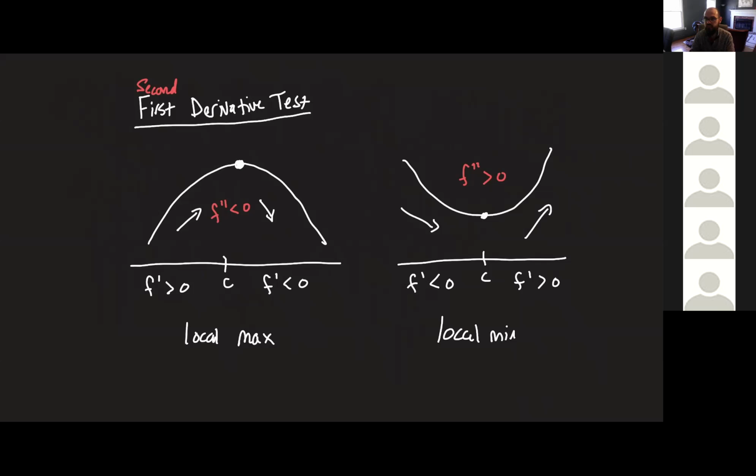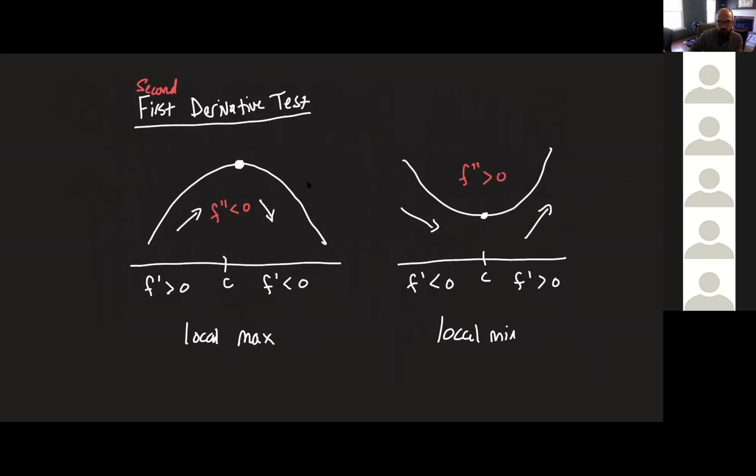So if you do have access to the second derivative, if you're able to compute it, then instead of looking at a sign chart, all the values to the left and values to the right, all we need to know is, at this particular point, if we're concave down, then that's a local max, and if we're concave up, then that's a local min. So the second derivative gives us some additional power here to tell if we have local maxes and mins.